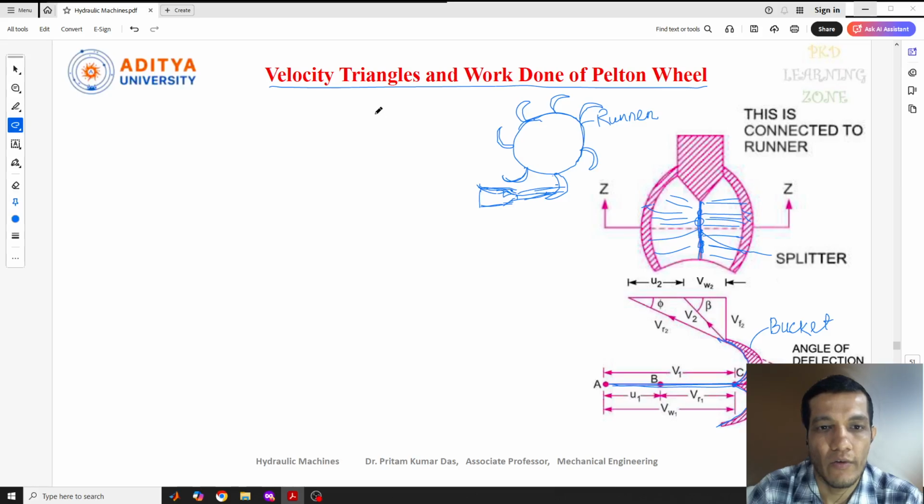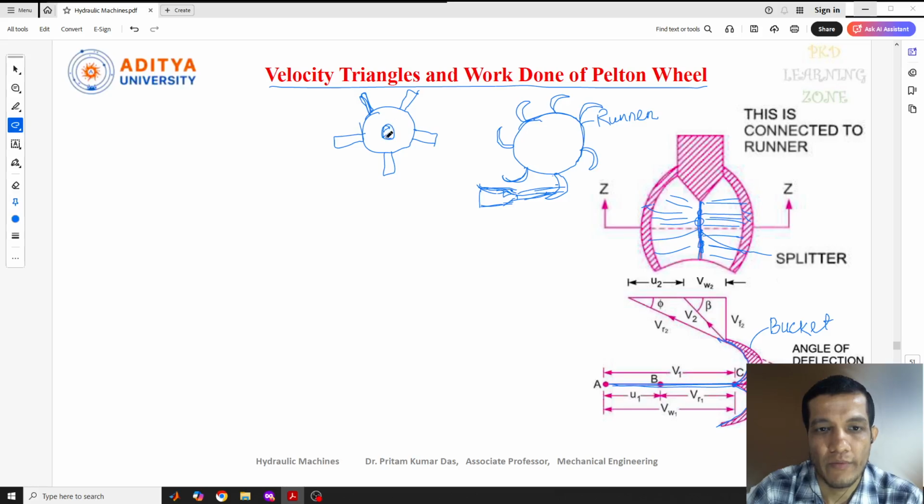Previously, in our lectures on the impact of jets on a number of blades, we took flat and vertical blades. One thing to remember here is that all these blades, or buckets, are fixed on the runner at equal distances.